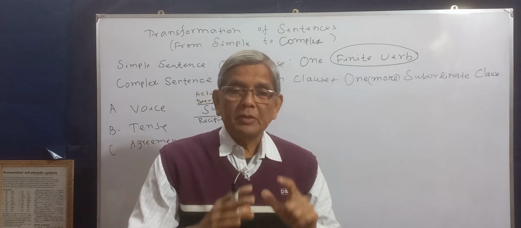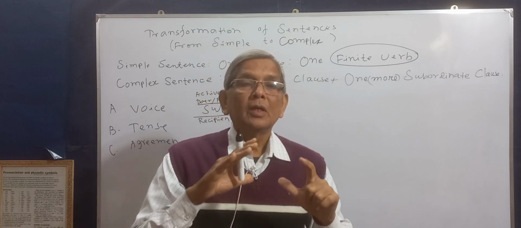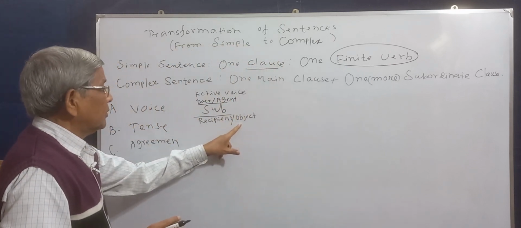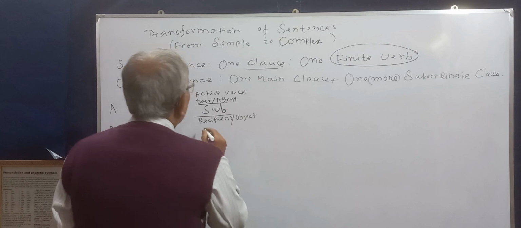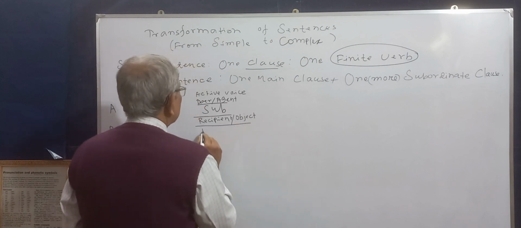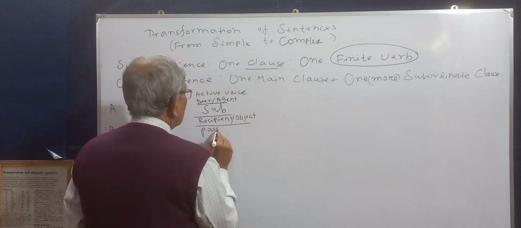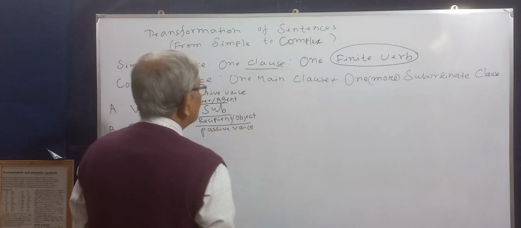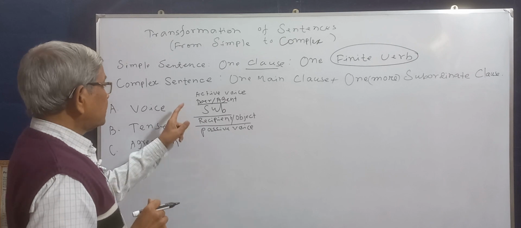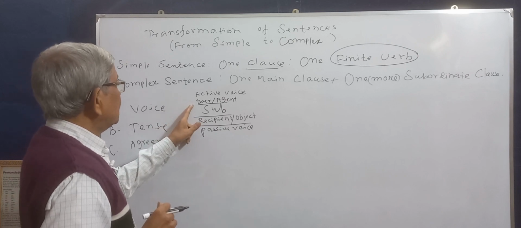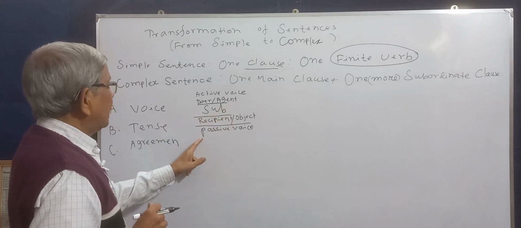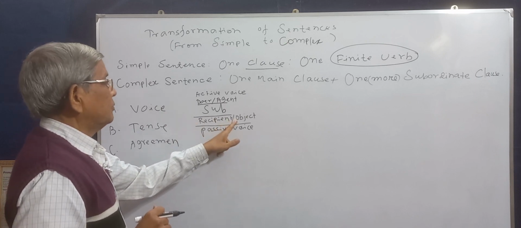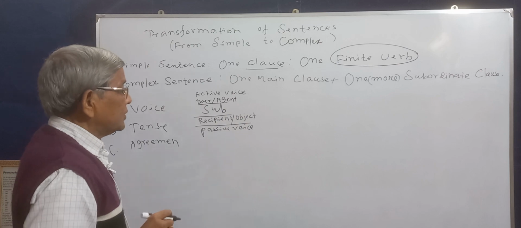The action of the verb is performed on the recipient. So this is the original object, and then our voice is passive. These are the two main forms of voice: active voice, doer or agent subject; passive voice, recipient, that is the original object, is the subject of the sentence.